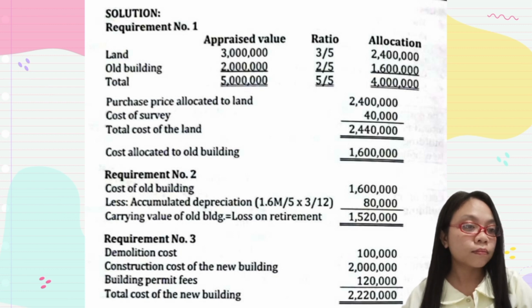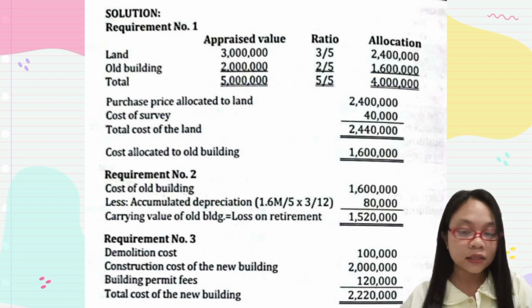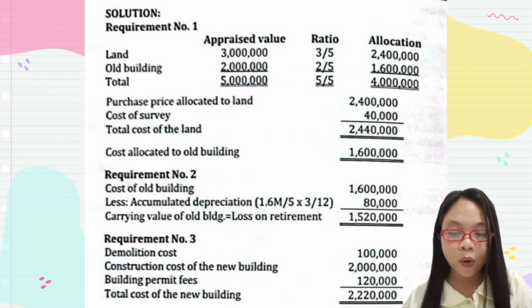To compute the accumulated depreciation, we take 1.6 million, the cost of the building, divided by 5, the remaining useful life of the building. We multiply it by 3 months. It is 3 months because we purchased the parcel of land with an old building on January 2 and demolished the same old building on April 1.